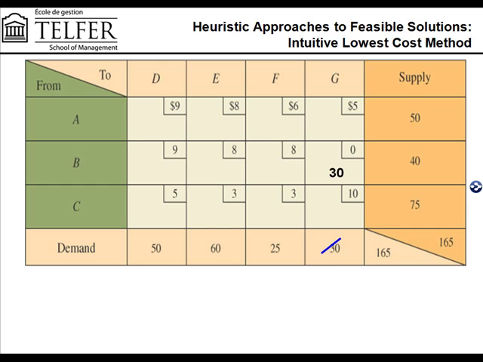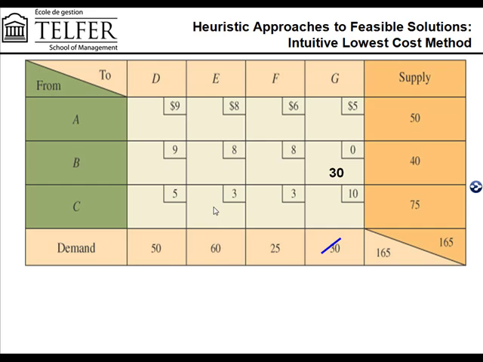You could arbitrarily break the tie using any procedure you want. Some procedures, of course, are better than others. In my example, I'm just going to break the tie by taking the cell that is on the left, or above the other cell. So in this case, I have a tie between CE and CF, and I will arbitrarily satisfy the flow from C to E before I do the flow from C to F.